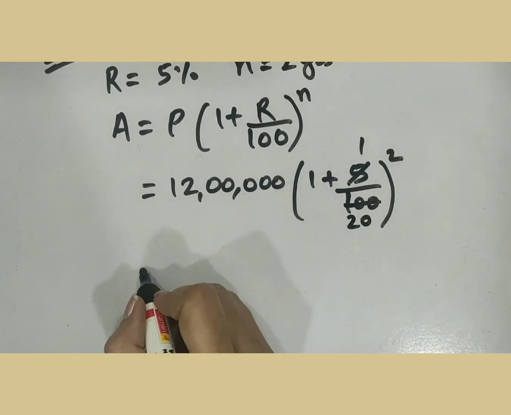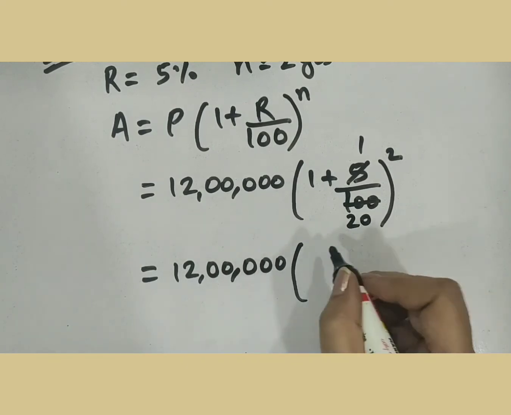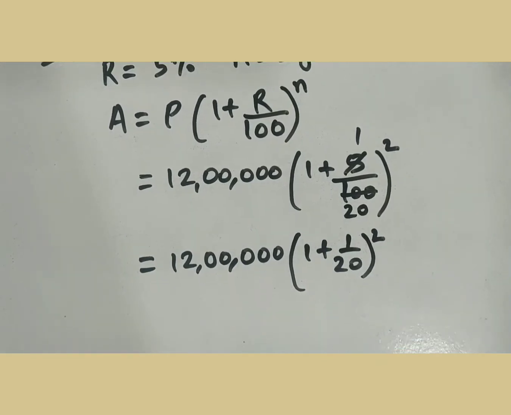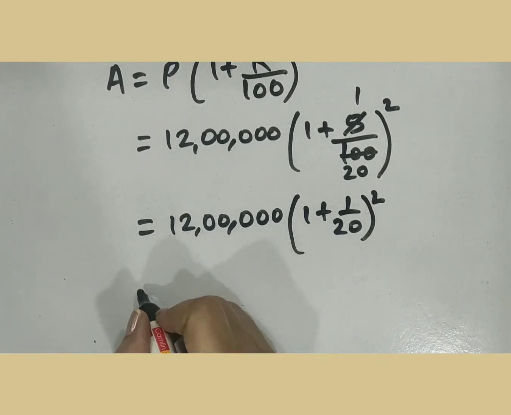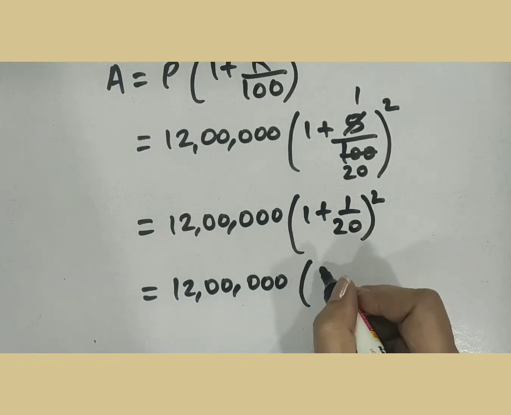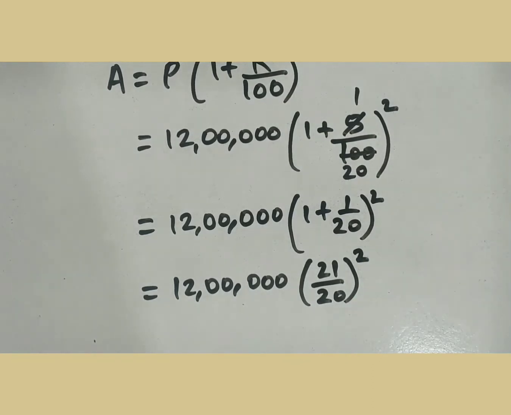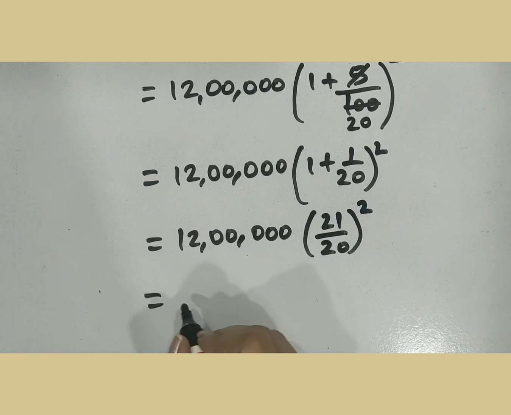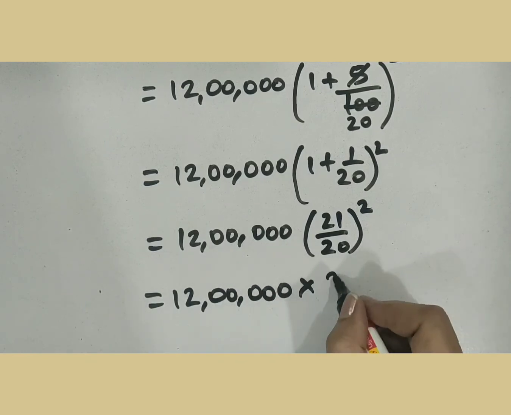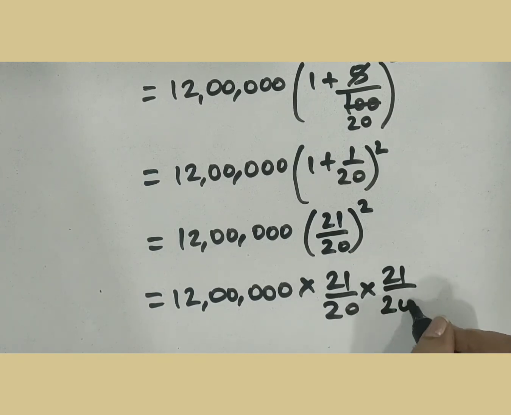So that will be equal to 12 lakh into 1 plus 1 upon 20 whole square. Now if I take the LCM here, it will be 12 lakh into 21 upon 20 whole square. Now it is square, so I am going to write it 2 times: 21 upon 20 multiply by 21 upon 20.